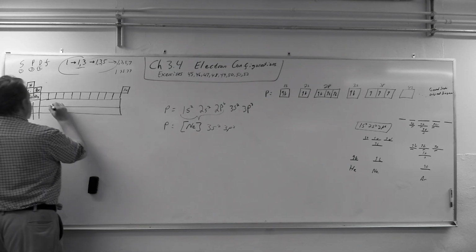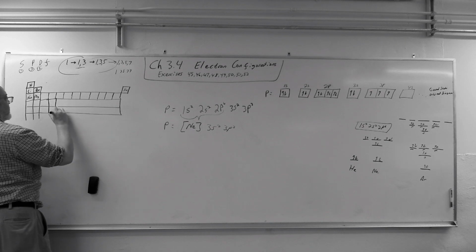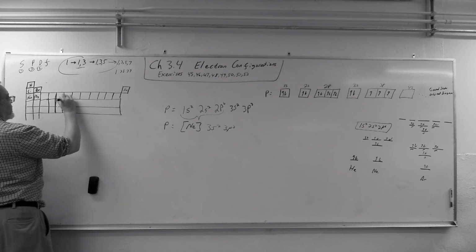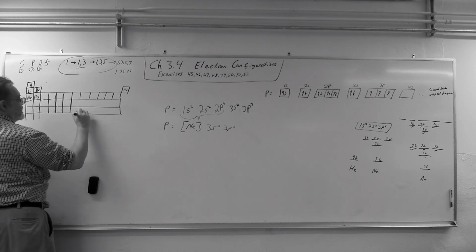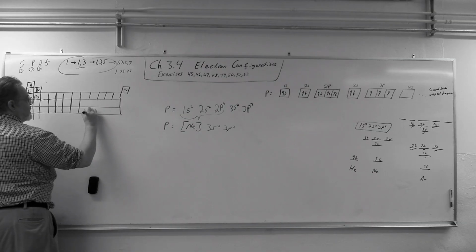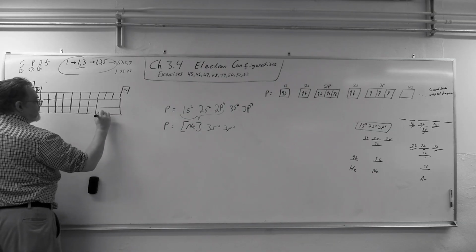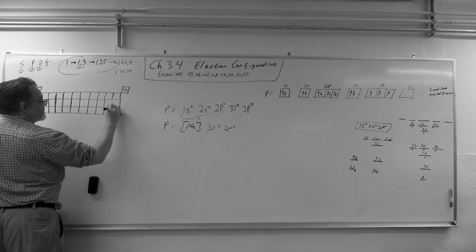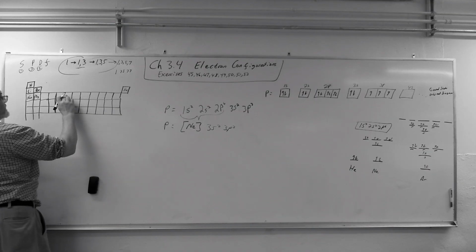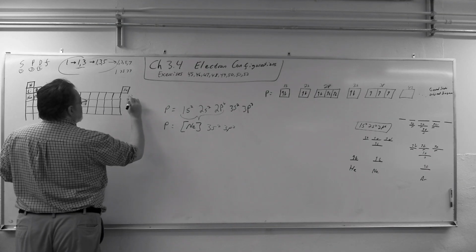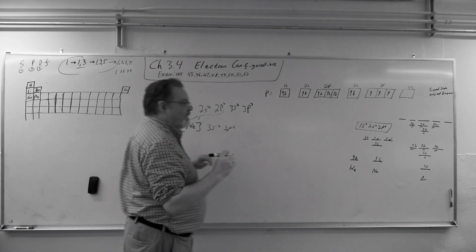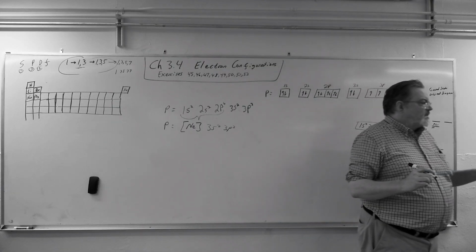Help so I don't have to keep flipping the camera back and forth. Here's the transition metals across here. Did I get 10? 5, 6, 7, 8, 9, 10. That's 10.